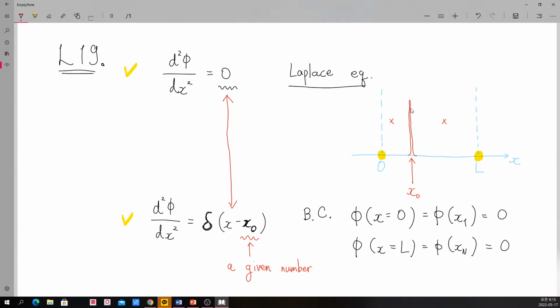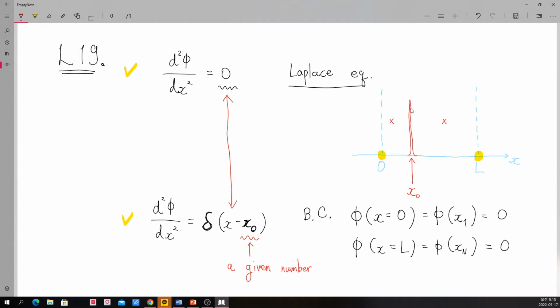So simply speaking, if we treat this Laplace equation as an equation describing electrostatic potential, then the previous Laplace equation just says that the left plate was biased to 0 and the right plate was biased to 1 volt. Then what will be the potential distribution between them? That was the physical meaning of this Laplace equation.